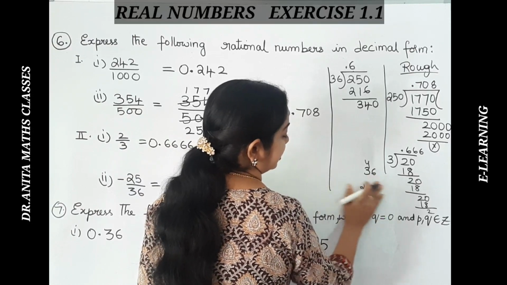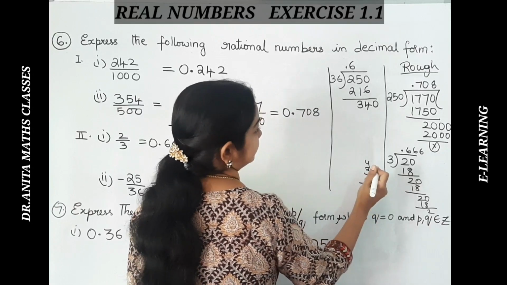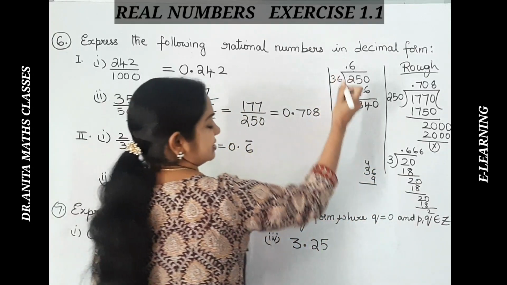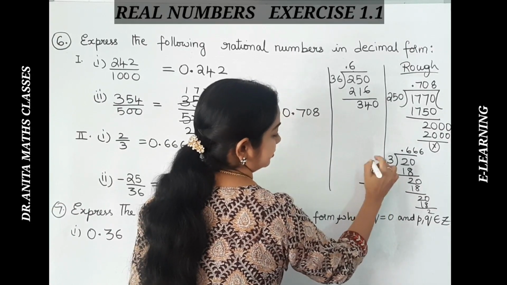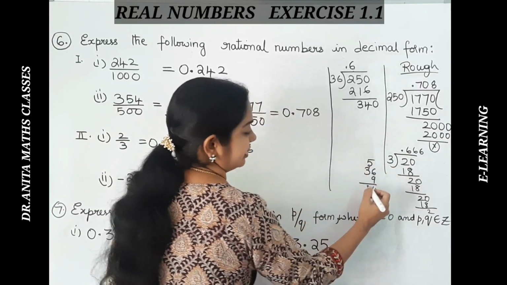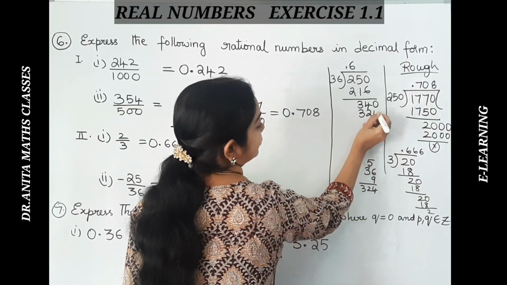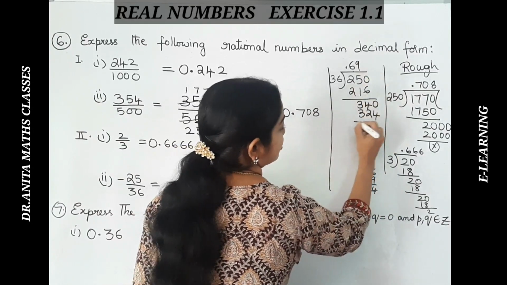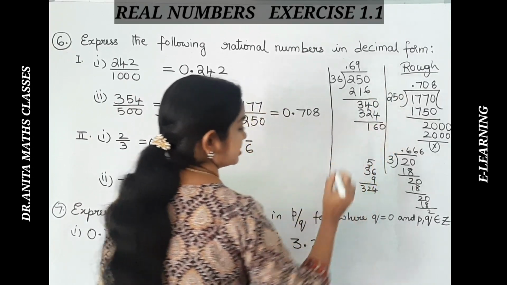So 9s we can take, right? Yes, 9s we can take, because 10s is just this one. Okay, 6 9s 54, 9 3s 27 and 5 is 32. So 324, 9 times. So how much do you get? Here 6, here 1. So we can place a 0.